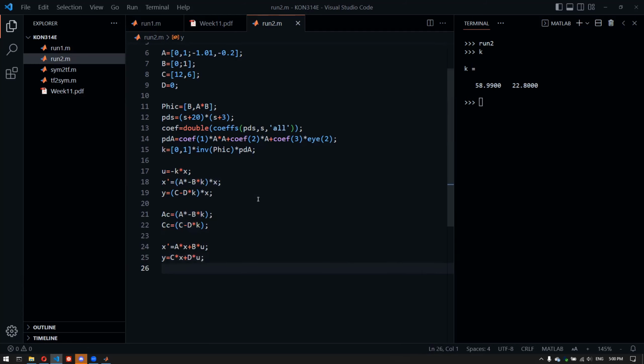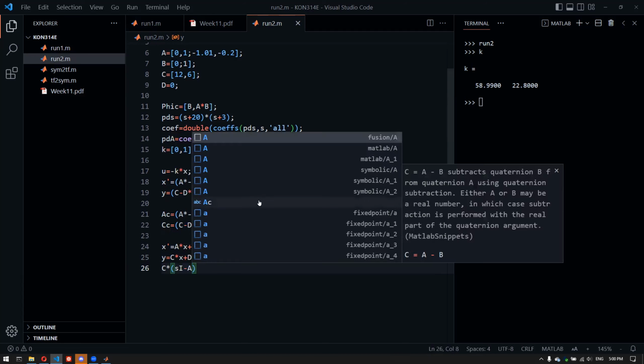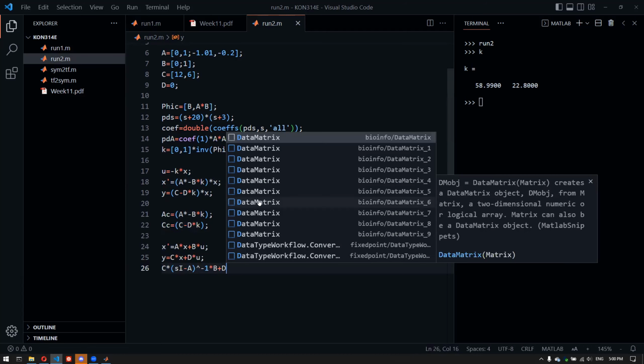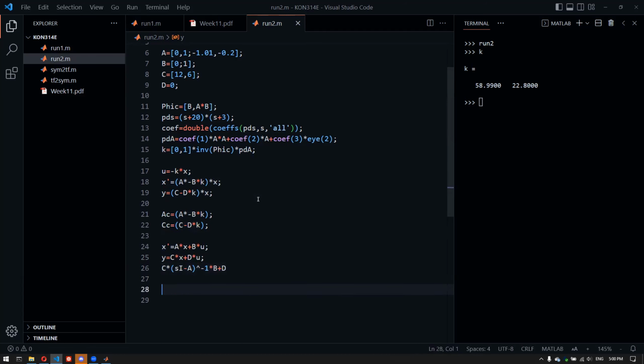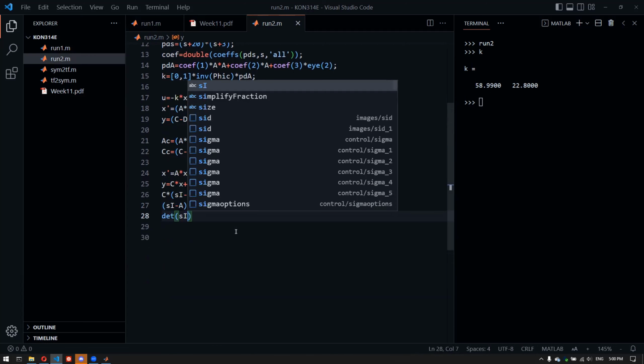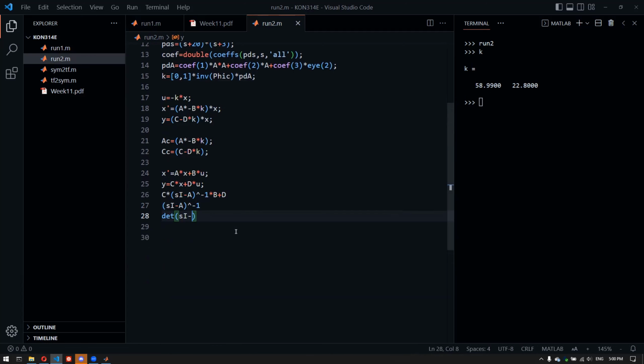When you look at C times (sI minus A) inverse times B plus D, this term here, (sI minus A) inverse, is going to have a determinant of sI minus A somewhere.